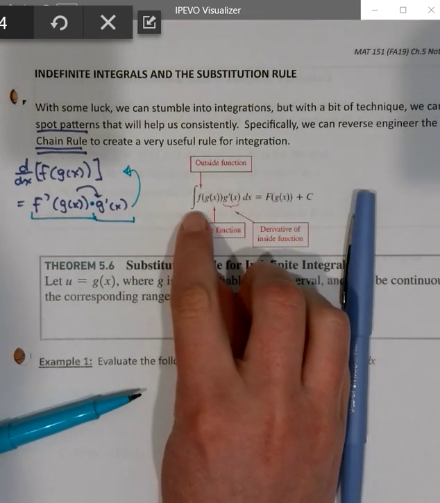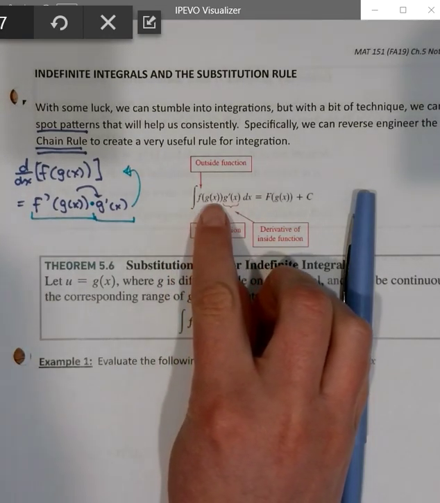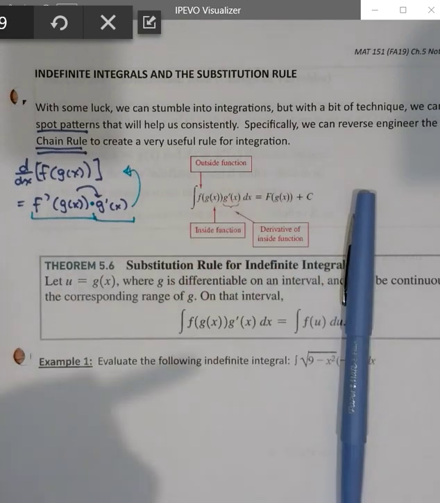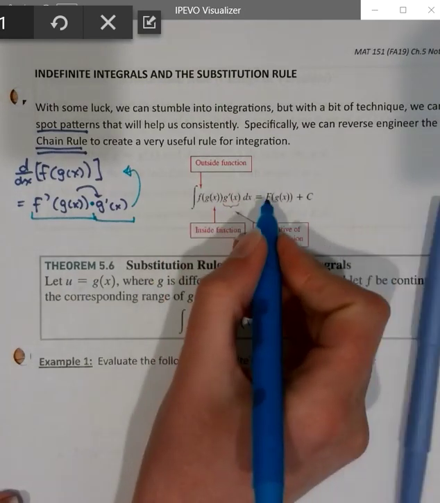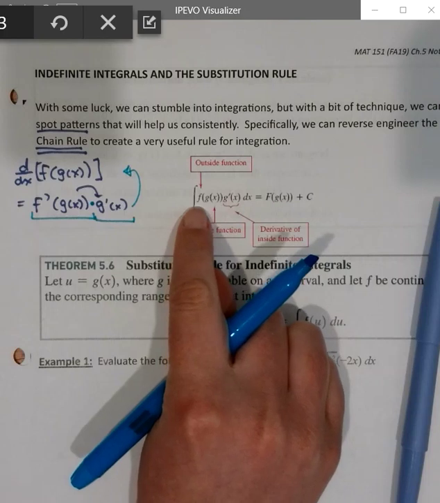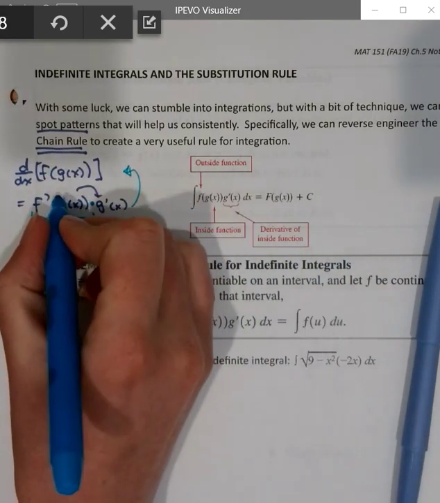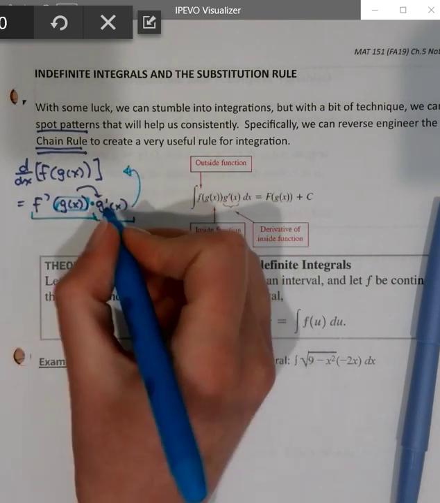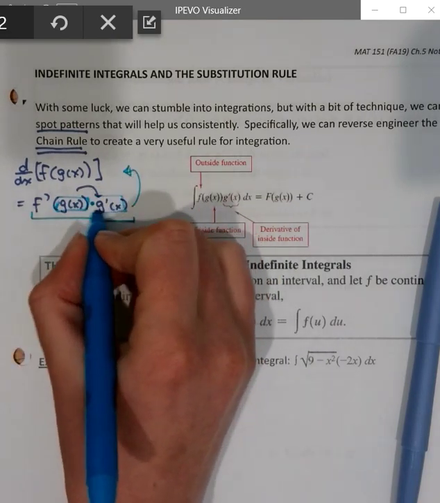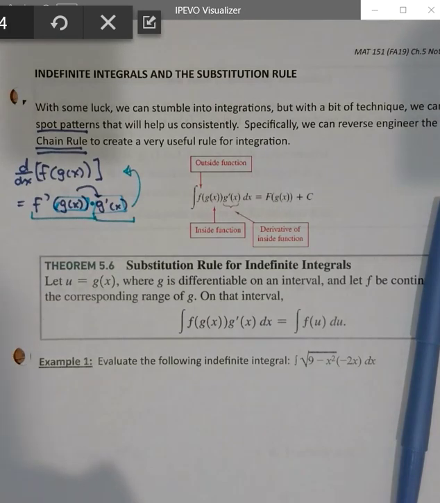I want to integrate something of the form f of g of x times g prime of x, and it's going to integrate into f's antiderivative. They called it little f and capital F instead of f prime and regular f. No difference there. What is key is that I have the inner function and the inner function's derivative. Those are going to be our keys.